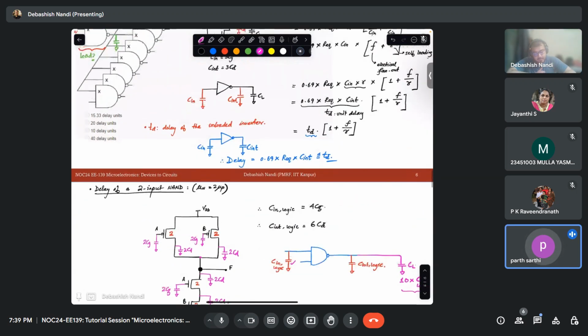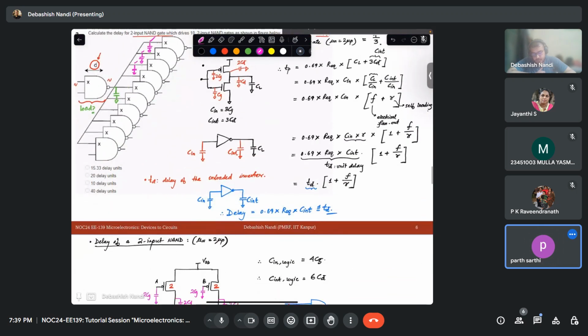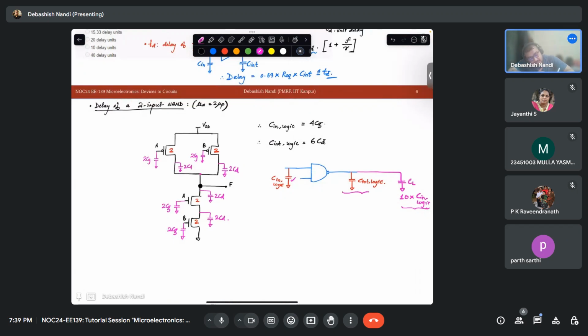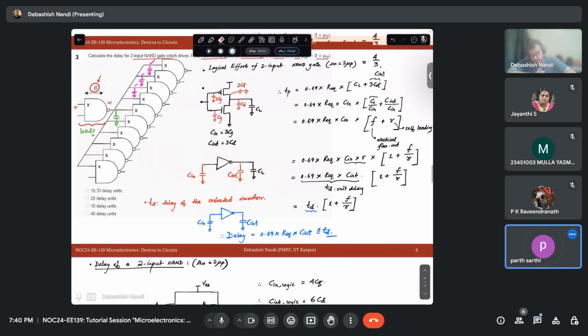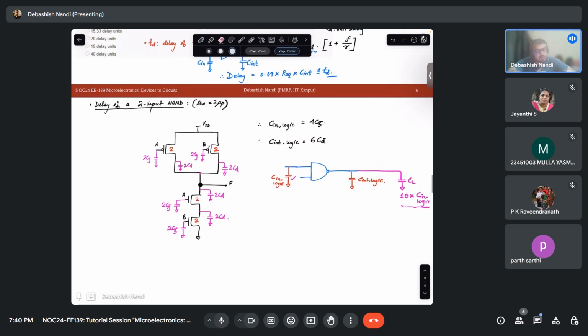Sir, C load will be resultant of C in and C. Sir, there is two capacitors, so in that which will place? In a NAND gate, there are two capacitances. One is the internal one, another is the load capacitance.